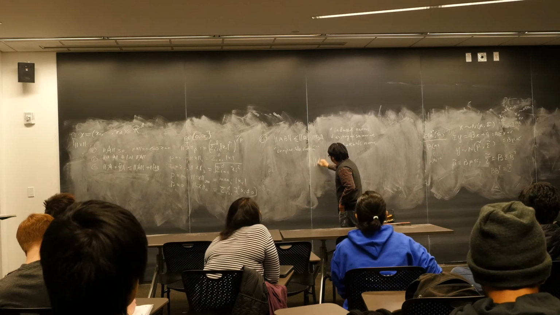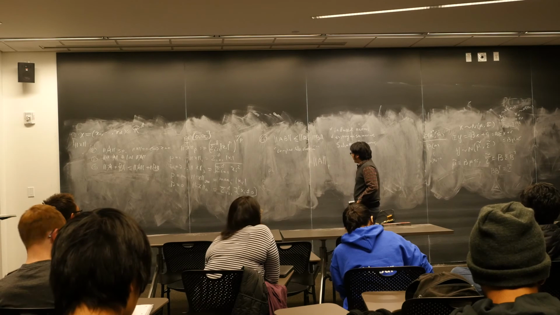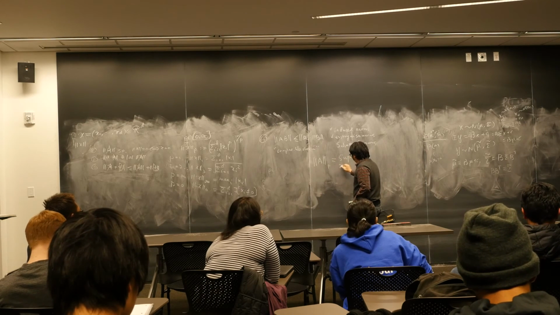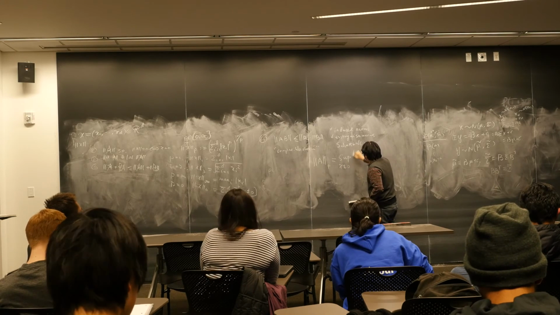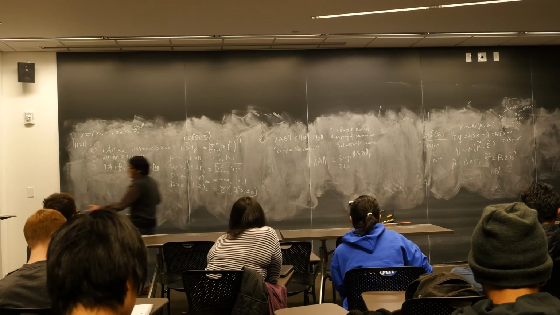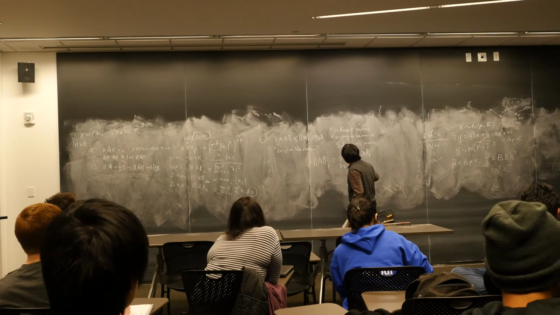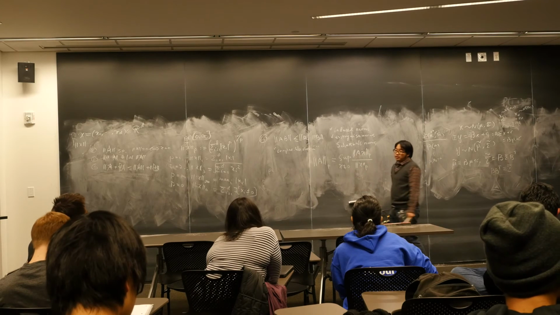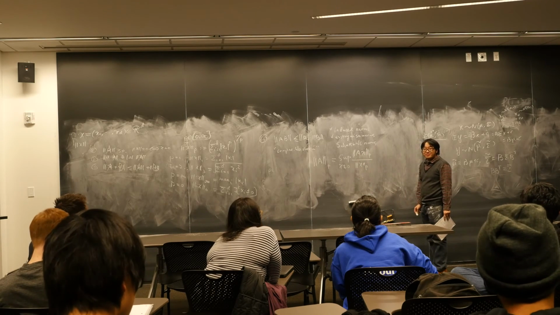The p induced norm of A is the supremum over x not 0 of the norm of Ax divided by the norm of x. And what's the supremum here?